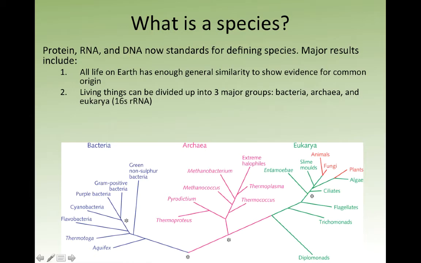And all of this work is based off of looking at 16S ribosomal RNA sequence. And if we look at this sequence, we are able to draw similarities and draw this tree among these groups and show that eukarya have sequences that are more similar to each other than those of archaea or bacteria. And bacteria have 16S sequences that are more similar to each other than they are to any archaea.